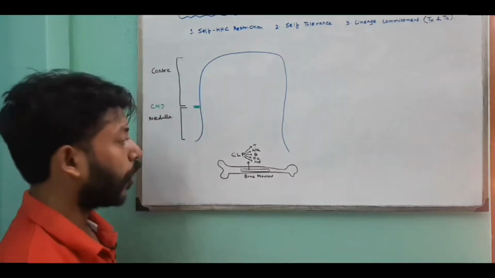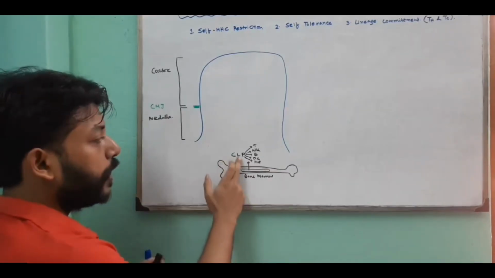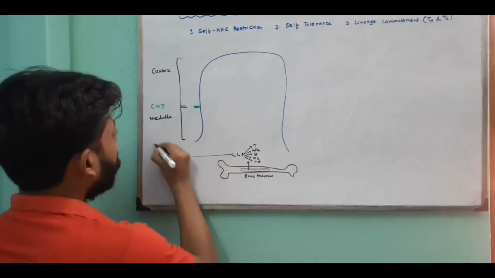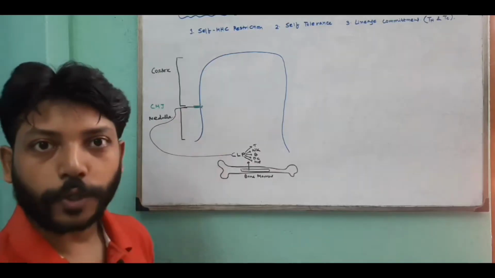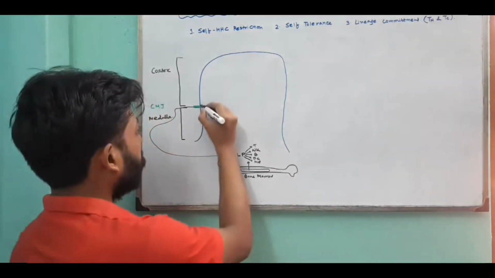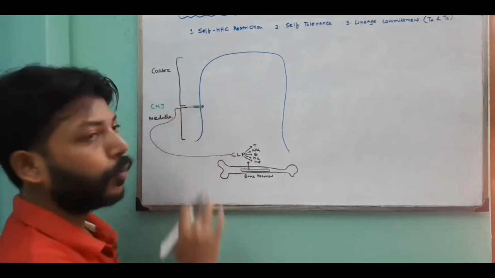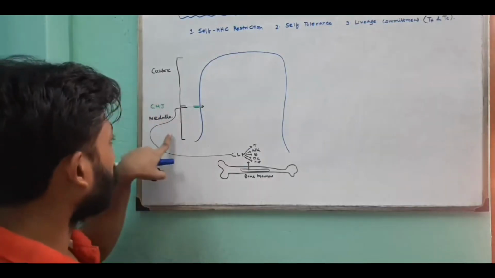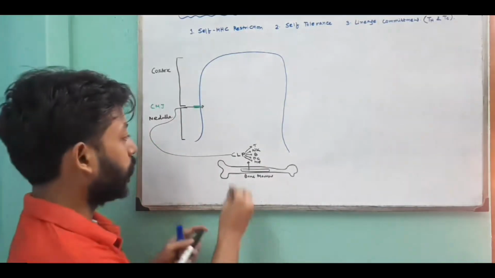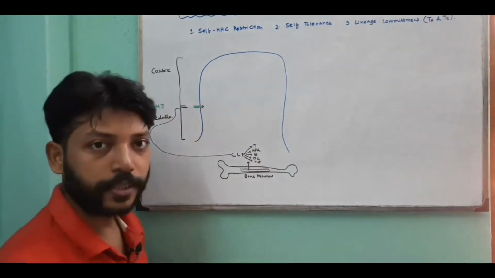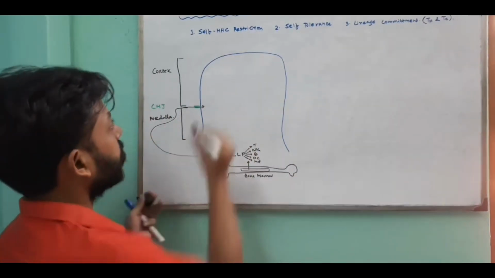Now what happens? This common lymphoid precursor cell enters into the thymus through this corticomedullary junction, not from the cortex, not from the medulla, because in the corticomedullary junction blood vessels are present. So these cells actually enter through the blood vessels into the thymus.